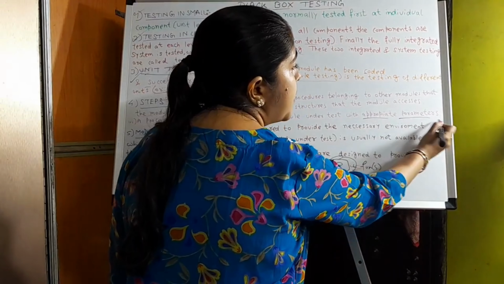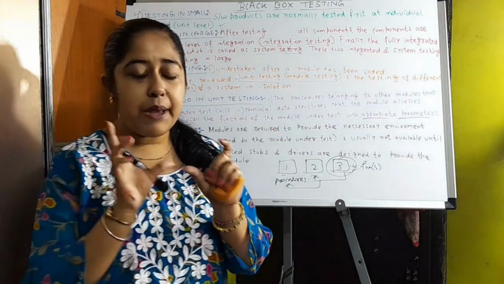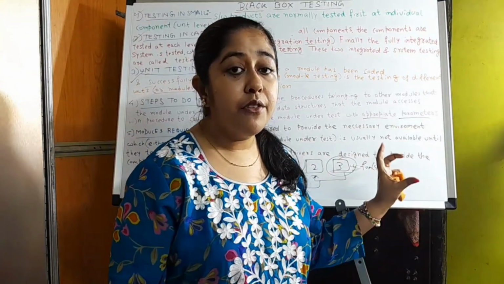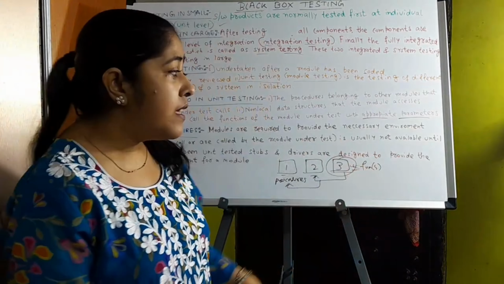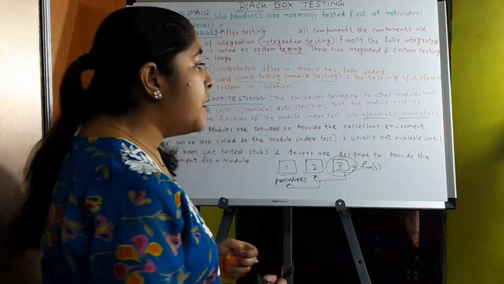For the functions, the parameters should be appropriate, of the particular module under test. So these are the steps which are necessary to see while doing a particular unit testing.